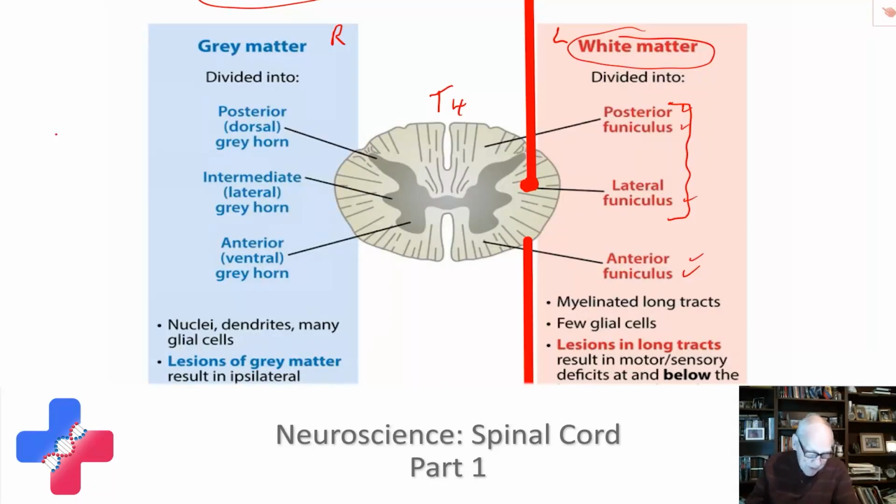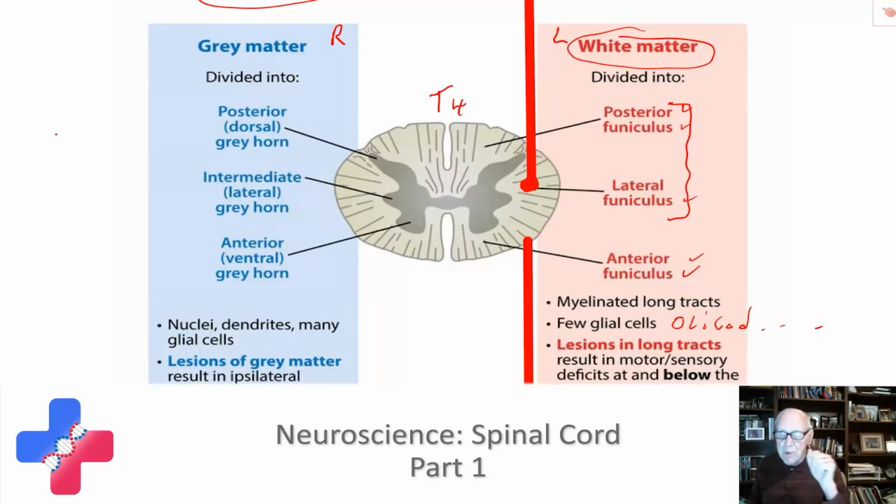Now, if you think about the glial cell that's there, remember these are primarily oligodendrocytes, because remember that's the primary support glial cell that's going to be myelinating central axons. So the primary glial cell in white matter are these oligodendrocytes. And that would be obvious since these are heavily myelinated axon bundles here.